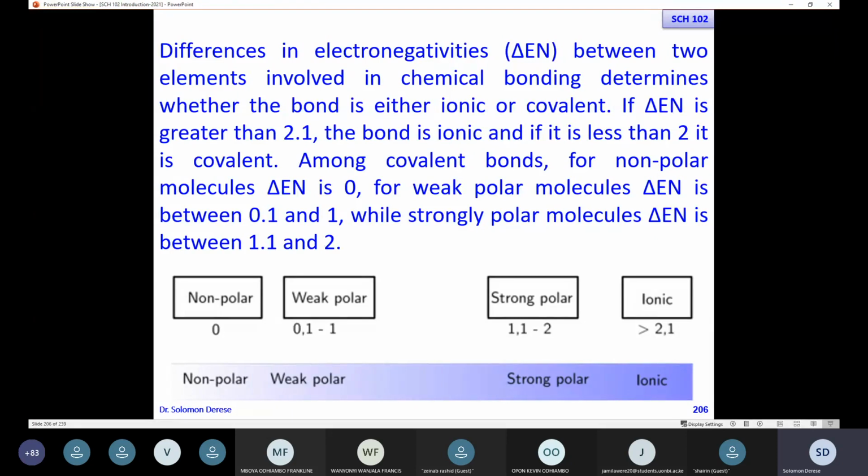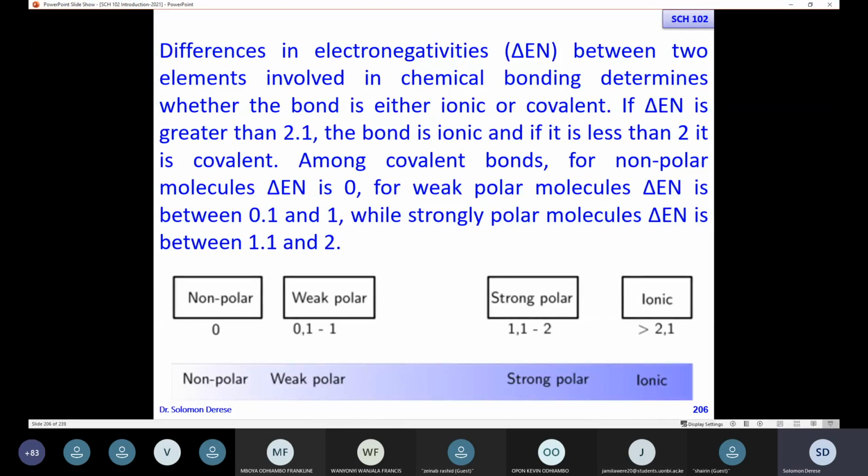Hydrogen has an electronegativity of 2.1. 4.0 minus 2.1 is 1.9. A very big difference, but all the same, less than 2. As a result, HF is a strongly polar molecule.